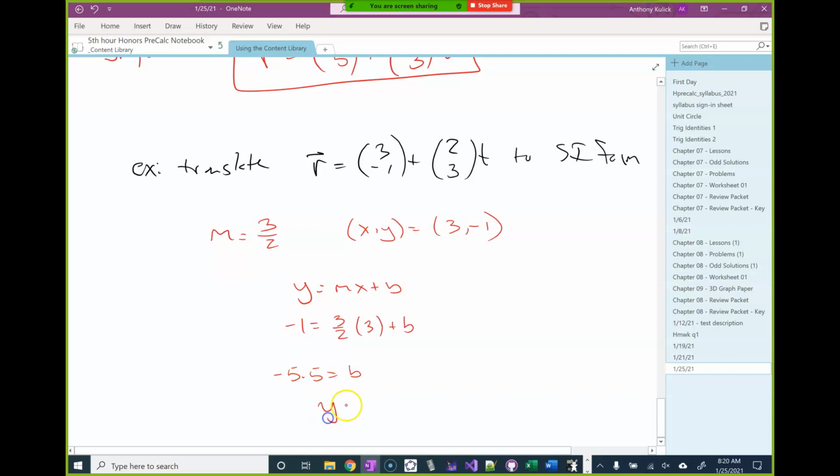Oops, not 1/2, 3 over 2. Again, you could have used decimals there. I chose to use a fraction because the slope was already a fraction, so I wrote the other piece as a fraction, just for consistency. Everybody okay with that? Pretty easy though, right?